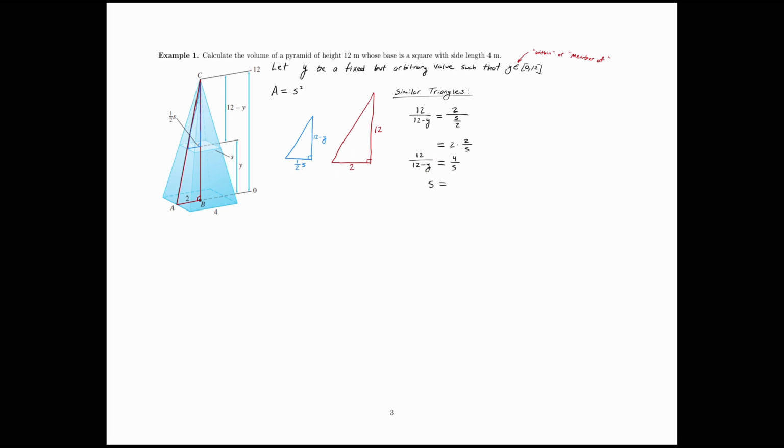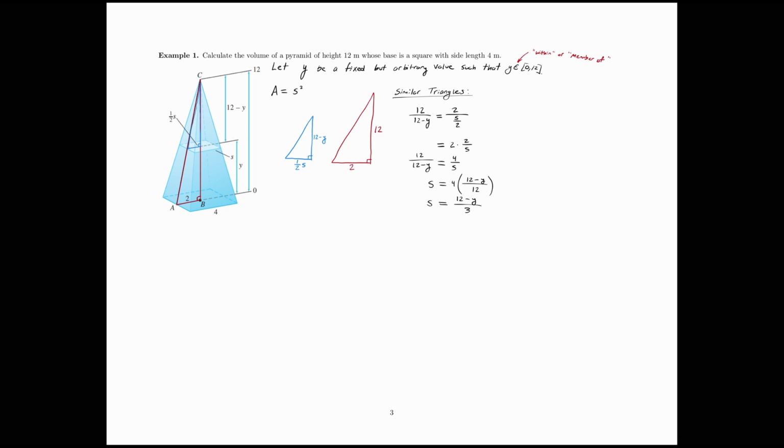So this would be 4 times the fraction 12 minus y over 12. And of course, this will reduce to 12 minus y over 3.